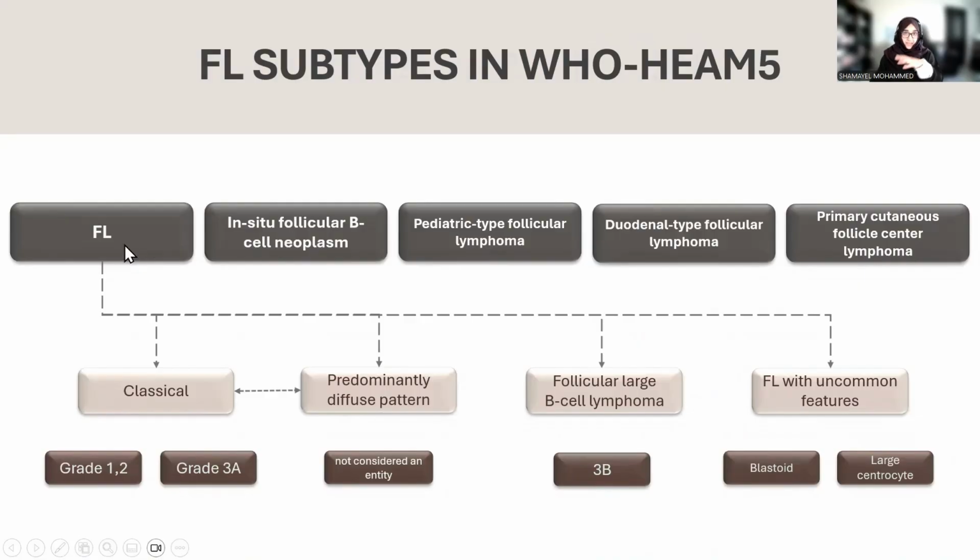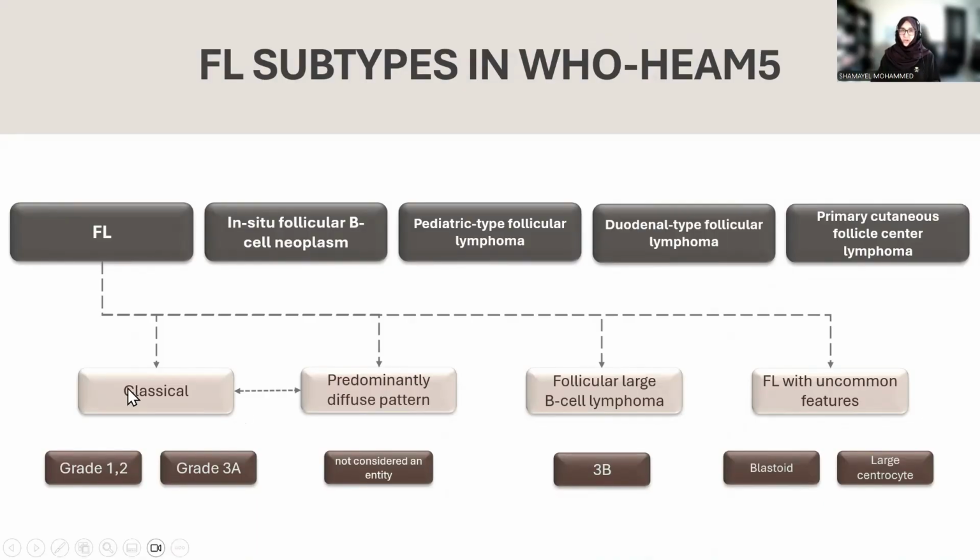As I told you, the main follicular lymphoma is further divided into classical follicular lymphoma, which in the old classification or ICC used to be divided into categories, grade 1, 2, and 3A. And then you have another subtype, which is called predominantly diffuse pattern. This is just a morphological variant and not a specific subtype.